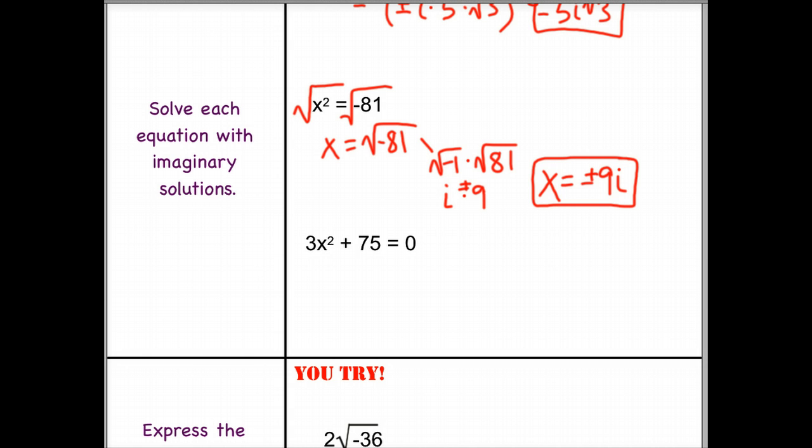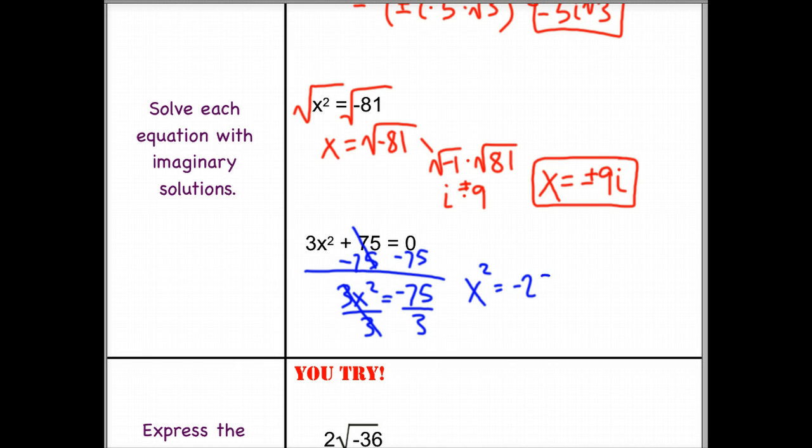And for our final equation here, we have 3x squared plus 75 equals 0. We're going to subtract 75 from both sides. We have 3x squared equals negative 75. Now we divide by 3. And we get that x squared is equal to negative 25.